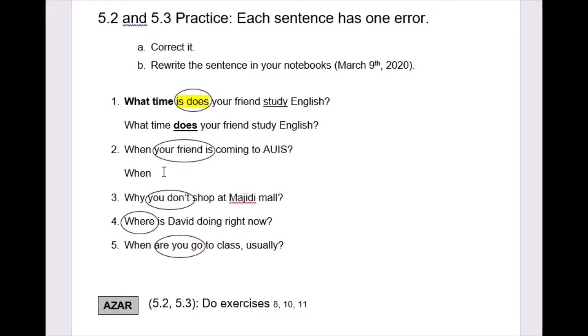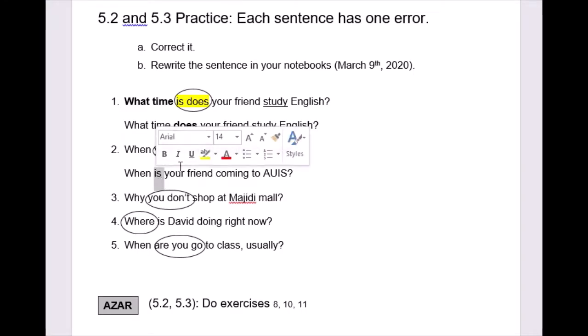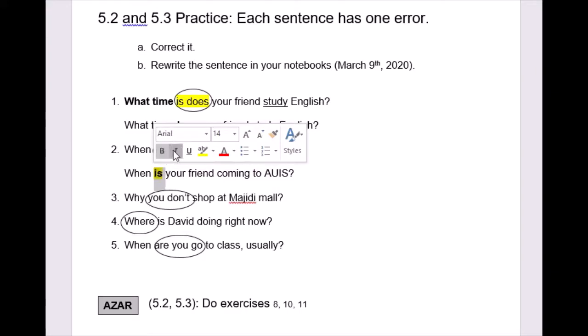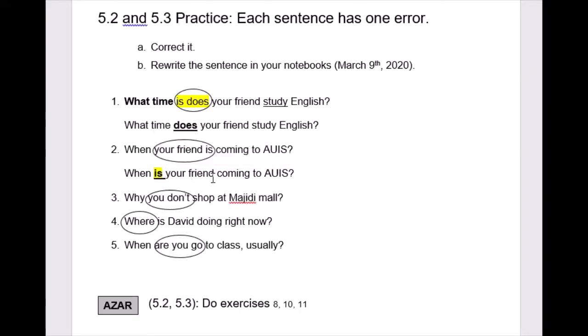So I can't put the subject first, I have to put the helper verb. So when is your friend coming? Okay, that's correct now. Now it's correct. Okay. So, what about number 3?